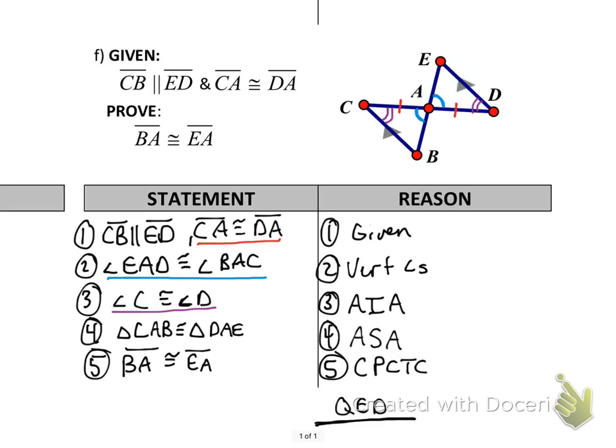But before we go to the last one that we're going to do together, I want you to write down a note. I'm going to squeeze it in on the side, see if you can too. So when given parallel lines, you will use AIA.